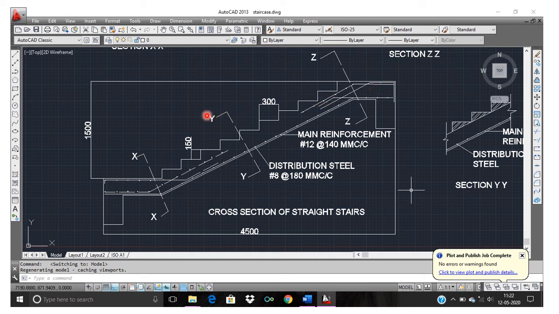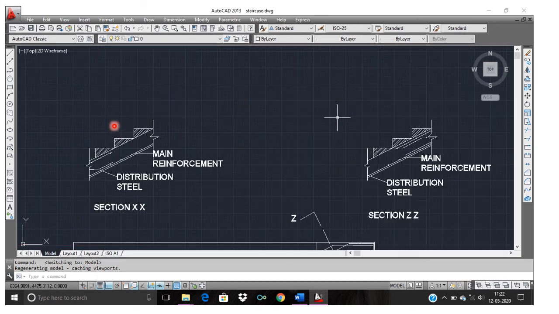That is why, if you take section YY, we can see only two reinforcements: one is the main reinforcement of the waist slab, and one is the distribution reinforcement of the waist slab. At the bottom landing slab, this is the main reinforcement of the waist slab, this is the distribution reinforcement of the waist slab, this is the main reinforcement of the bottom landing slab at the top, and this is the distribution reinforcement.